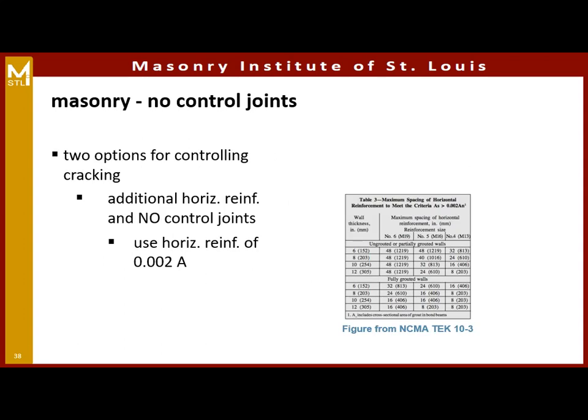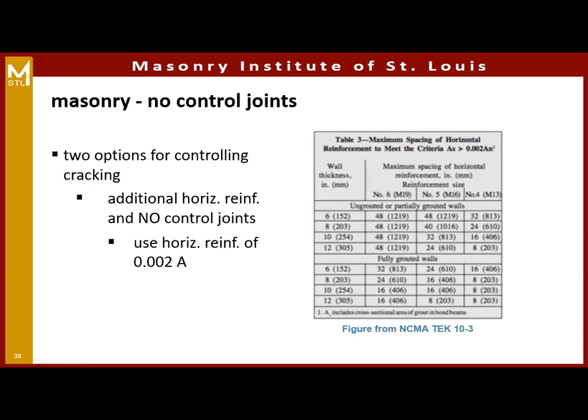The other option for controlling cracking is to add more horizontal reinforcing. And as we get to 0.002 times the area of our wall, we can actually eliminate control joints altogether, as that amount of reinforcing will keep the cracking small enough that it's not going to be noticeable.